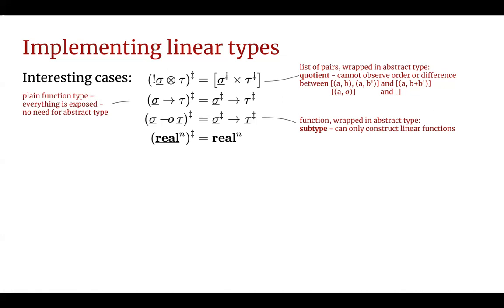We get the extra safety of linear types, but under the hood, our code is just going to use regular function types. And finally, for the linear type of n-dimensional real arrays, we can just use regular n-dimensional real arrays, because we can define the addition and zero at all types using induction.